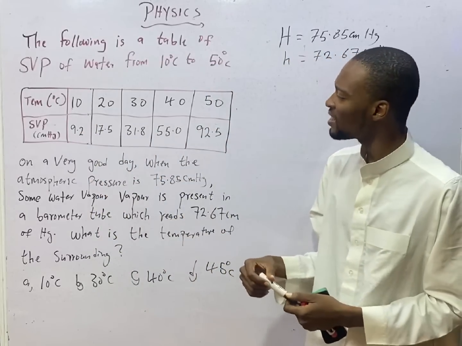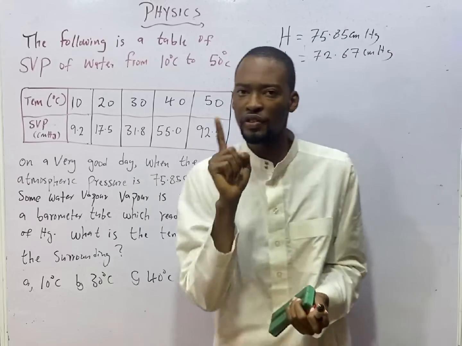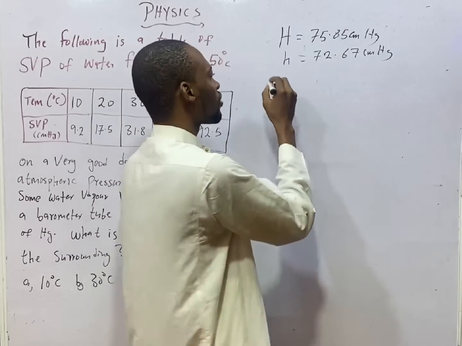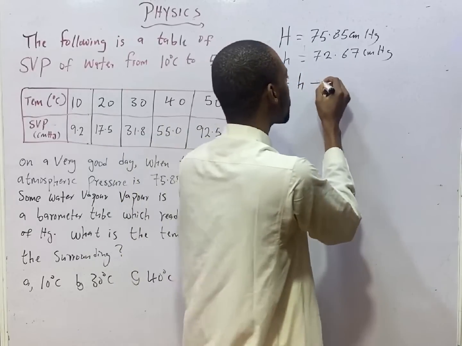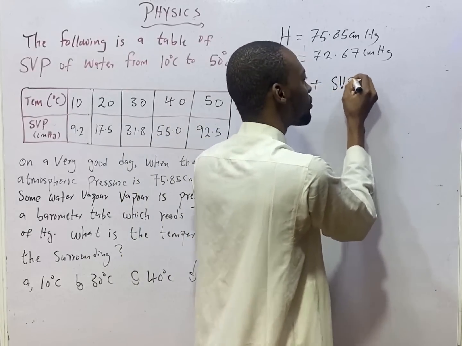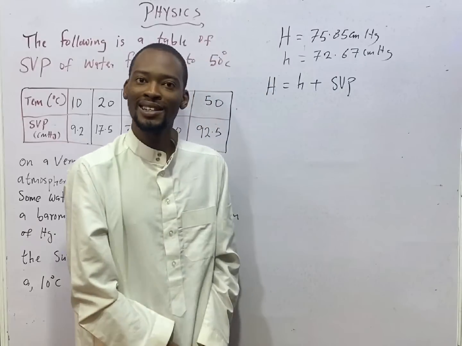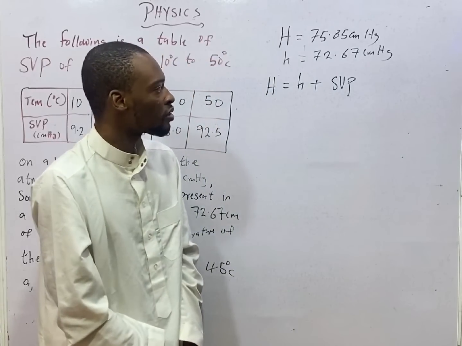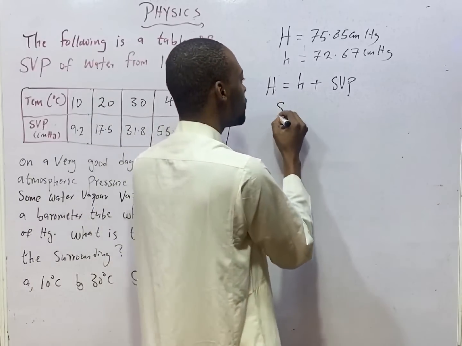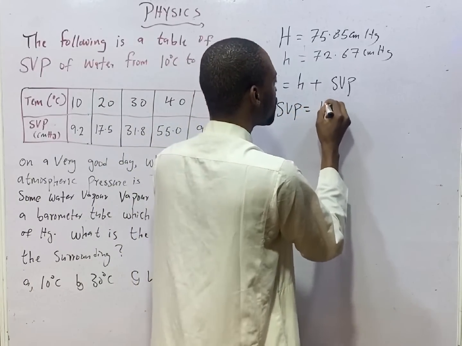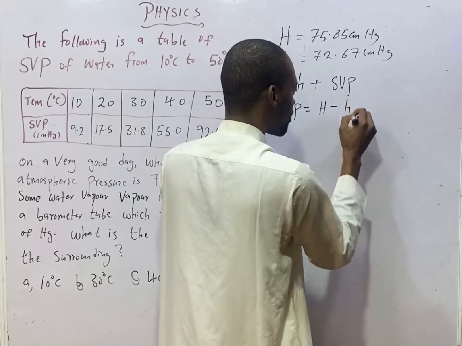So how do we find saturated vapor pressure? This is the formula you must know: atmospheric pressure equals the barometer reading plus saturated vapor pressure. Take note of this formula anytime, any day. So to find saturated vapor pressure, it is simply the atmospheric pressure minus barometer reading.